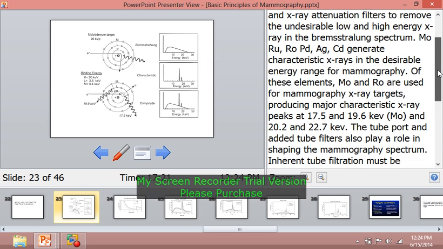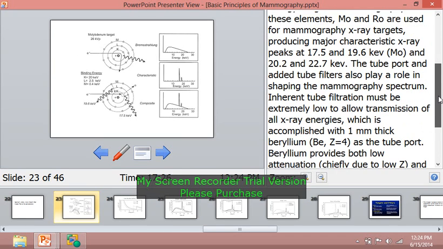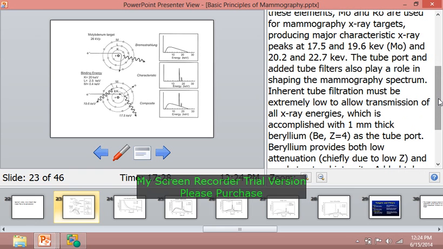Of all these materials, molybdenum and rhodium are used for mammography X-ray tubes, which generate the characteristic X-ray energy of 17.5 and 19.6 kiloelectron volt and 20.2 and 22.7 kiloelectron volt.